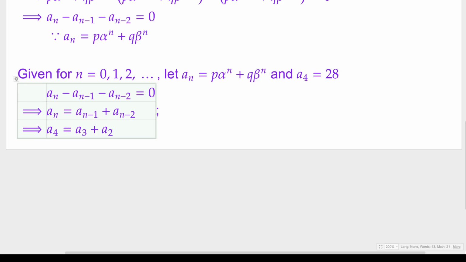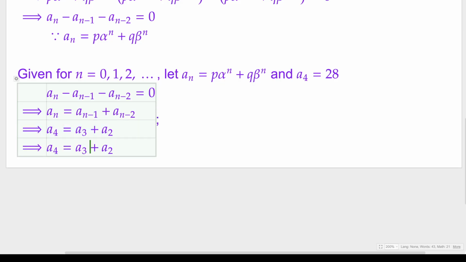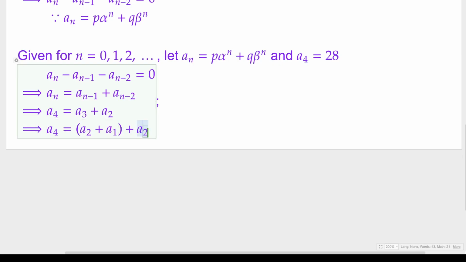Now again this a3, that is a subscript of 3, can be expanded further as a subscript of 2 plus a subscript of 1, and a subscript of 2 can be written as a subscript of 1 plus a subscript of 0, right?